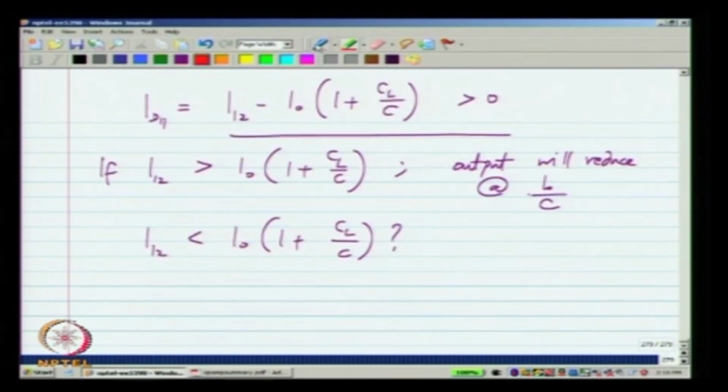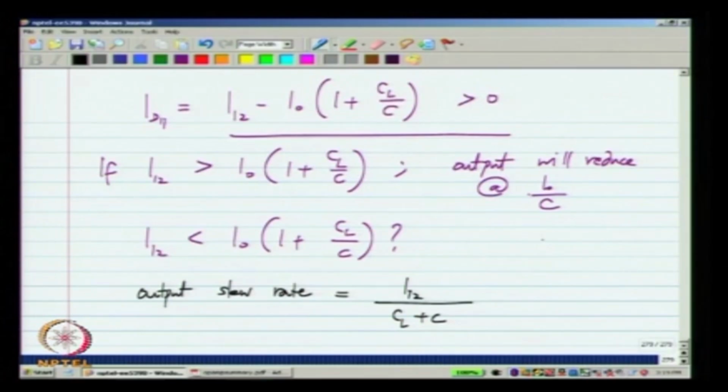So, in that case, the output slew rate will be I12 divided by CL plus C. Okay.